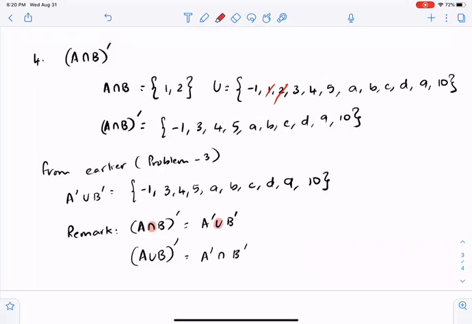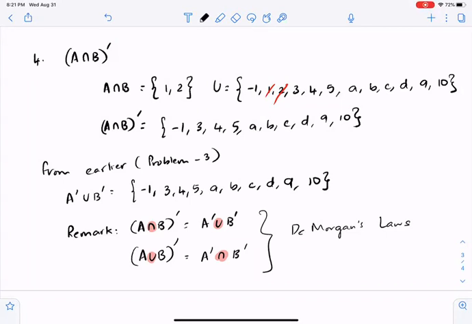So if you have U, you get intersection. Very neat properties or remarks, but they have a fancy name. These are called De Morgan's laws. Very useful in upper level maths, but it's a very good property.